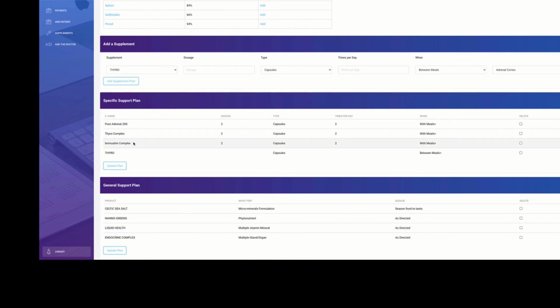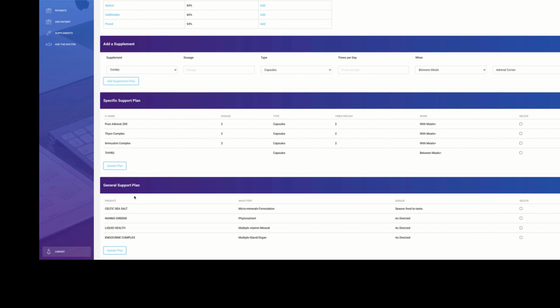Now, there's a way you can add your own supplements. Suppose you want to use your product line because you're familiar with it. What we showed you was in our product lines. So look and see if you have a supplement that's similar to that, and you can add those supplements into this supplement section where you can just click on it and add any supplement that you want, anything you would normally recommend for your patients. And that is as well as general support too.